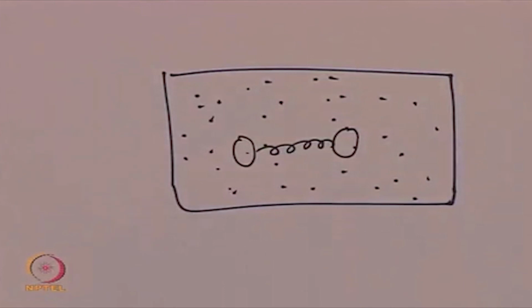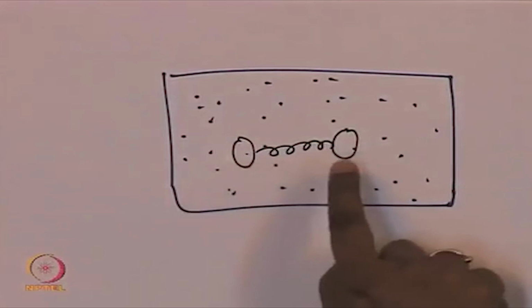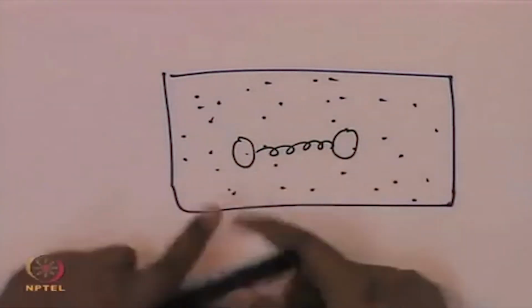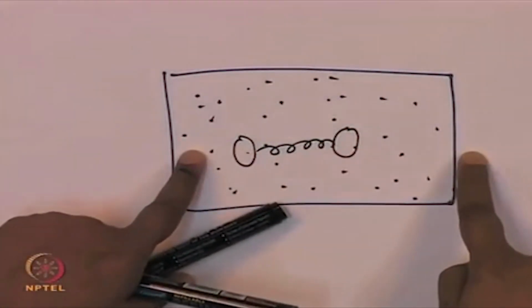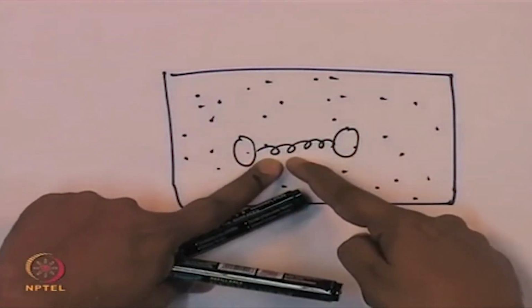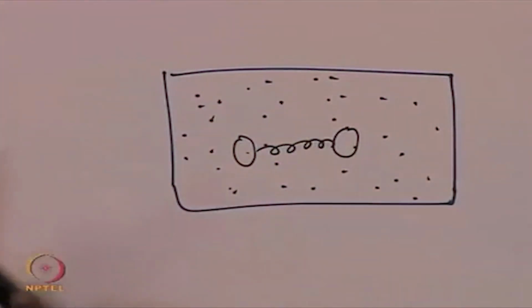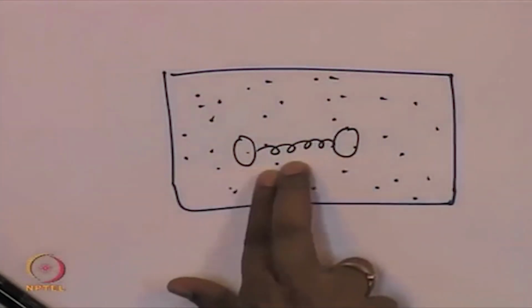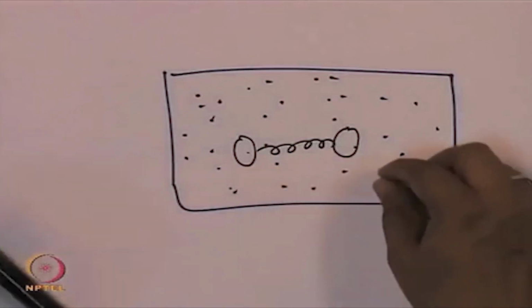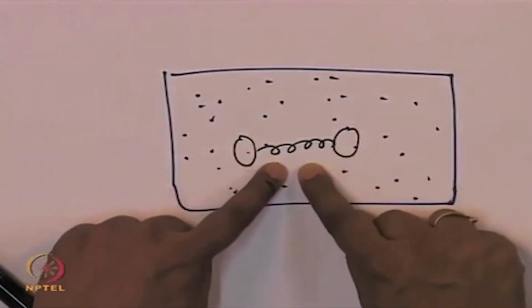What does this mean? These two atoms would like to be at a certain distance. When they are taken apart, they will be attracted, and when they are taken too close, they will repel. The spring has this property that if you take them too close, you will have a resistive force. It will resist coming together.